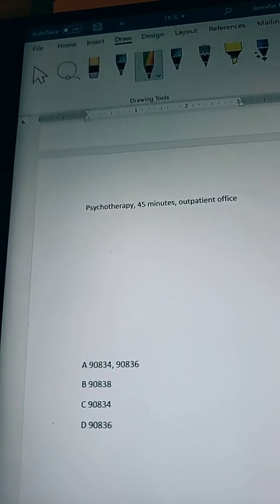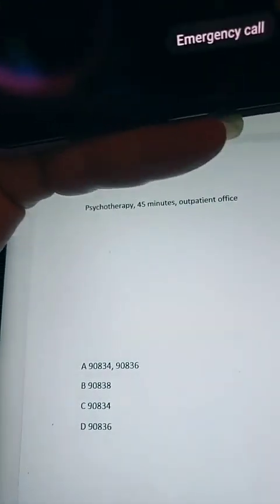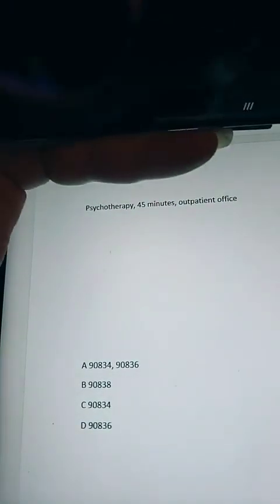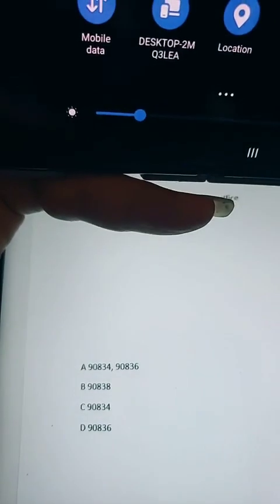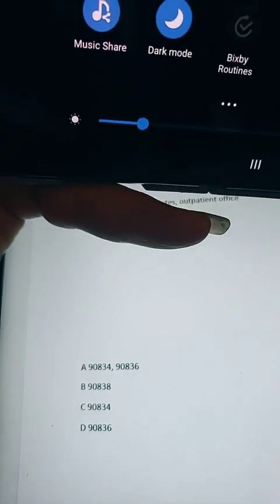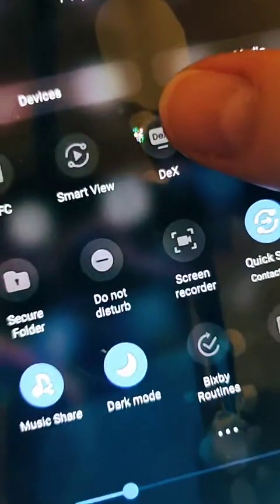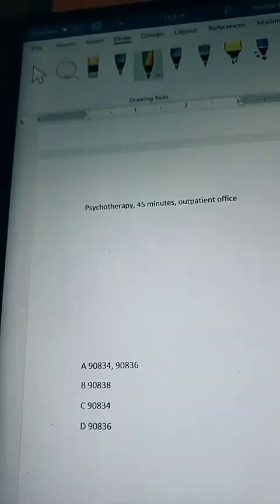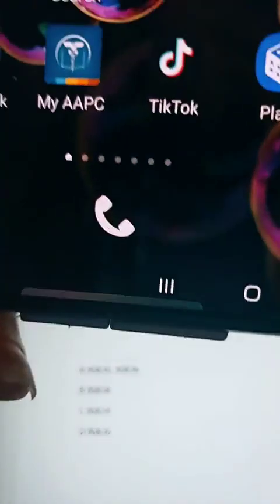And I can't even broadcast my cell phone to my desktop. I have DeX and all kinds of other things that come with these Samsung computers that are cell phones, like this DeX program, I can transmit my cell phone to any TV, any computer, and view from there, but still it's making me pick the camera from my cell phone.